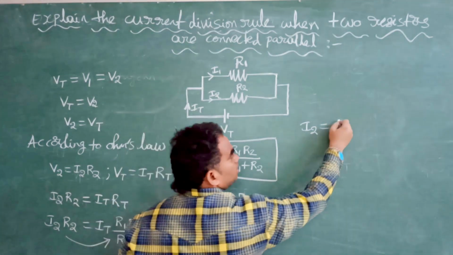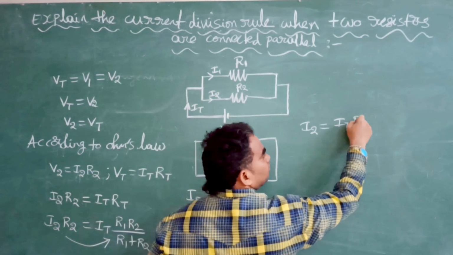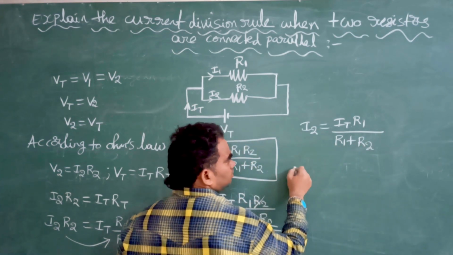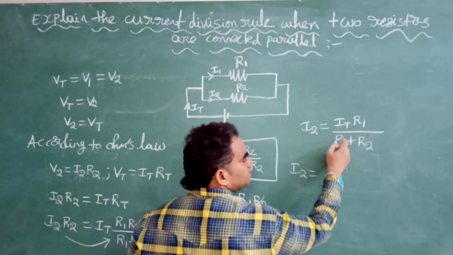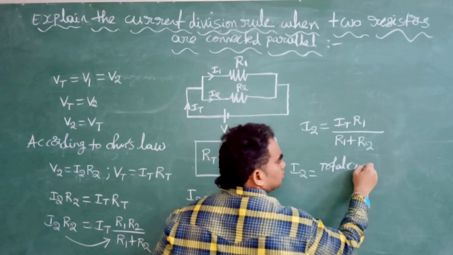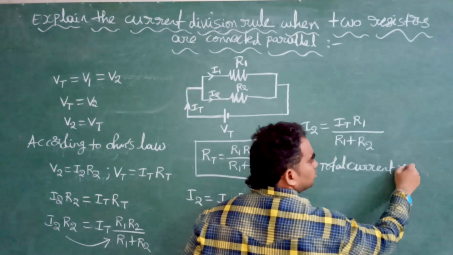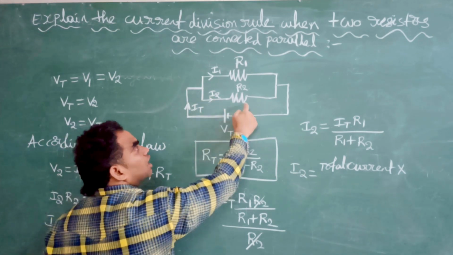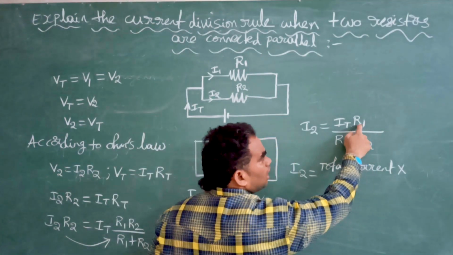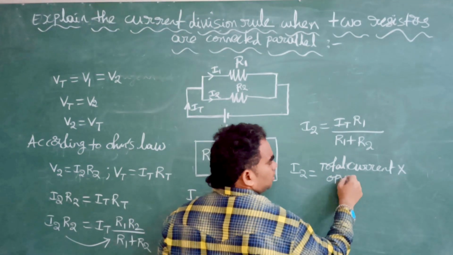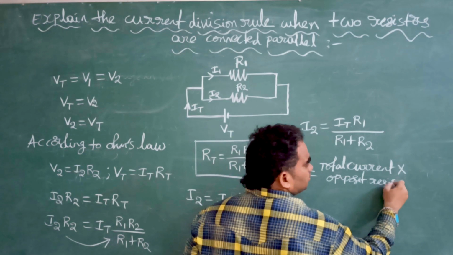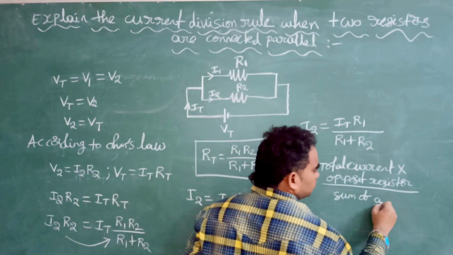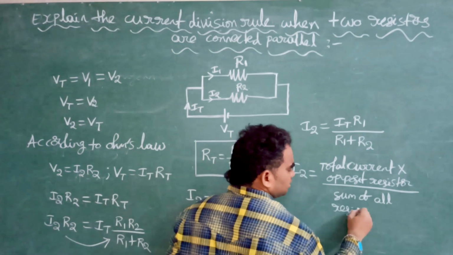I2 is equal to IT R1 by R1 plus R2. This can also be written as I2 is equal to total current into R1, which means opposite resistor, by the sum of all resistors.